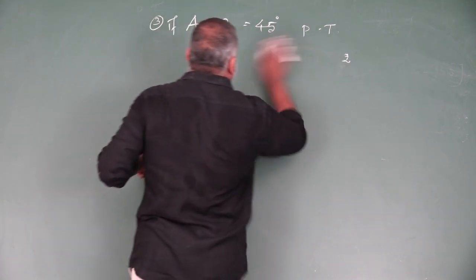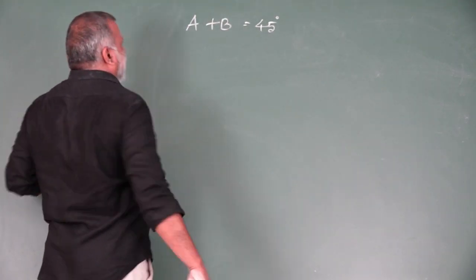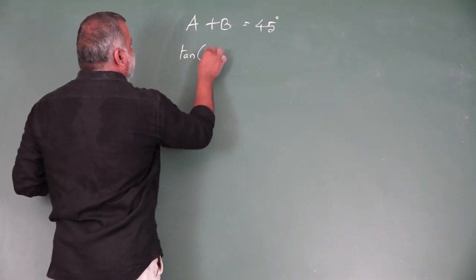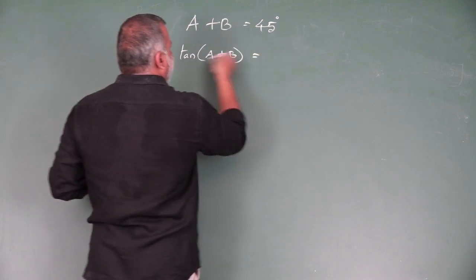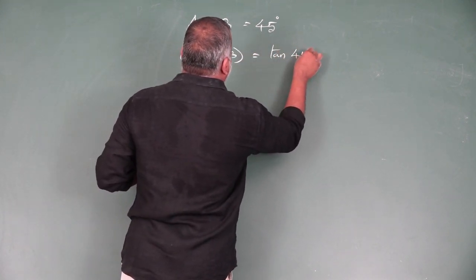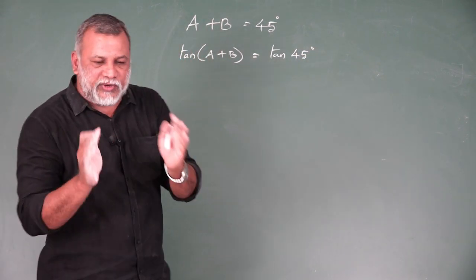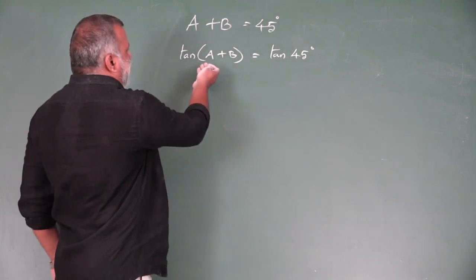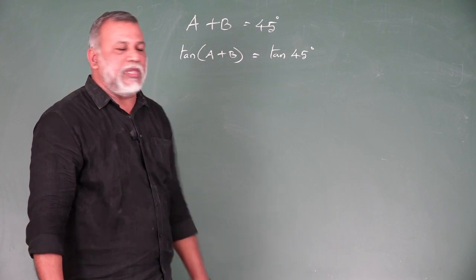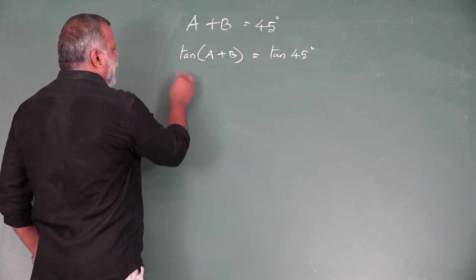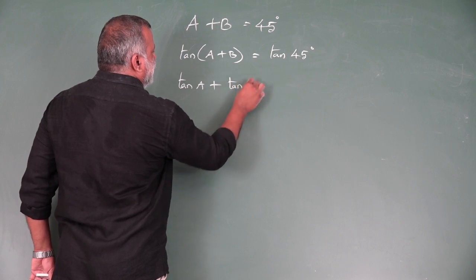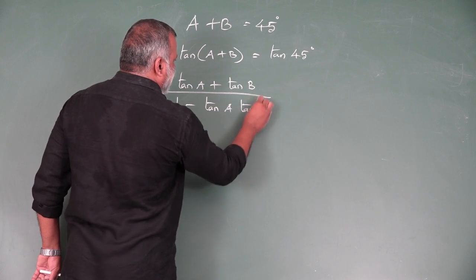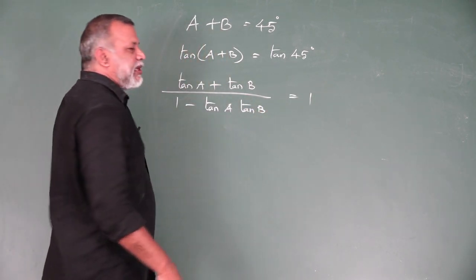Now I am taking this given condition, A plus B equal to 45. Take tan function on both sides. Why am I taking the tan function? See the required proof: it is in tan families. So tan of A plus B equals tan 45. Now in your LHS, it is tan of A plus B. We expand this: tan A plus tan B divided by 1 minus tan A tan B. In your RHS, tan 45 becomes 1.